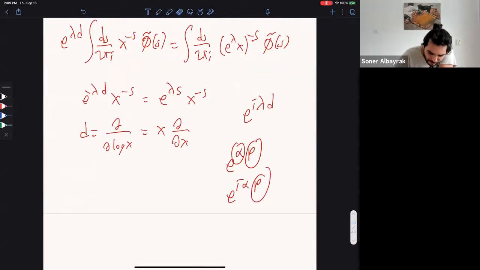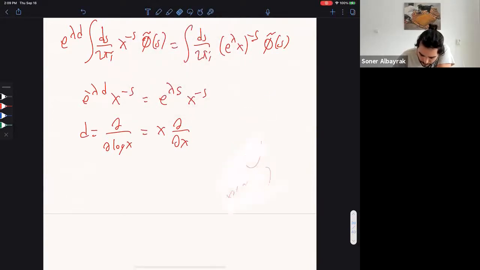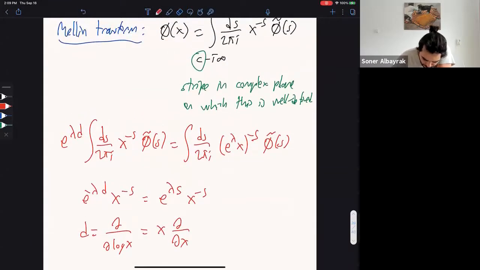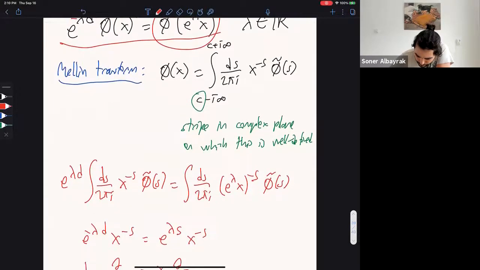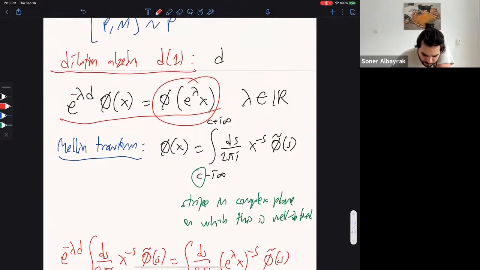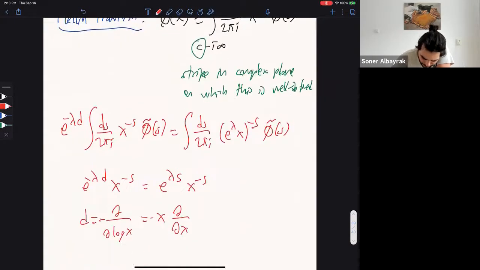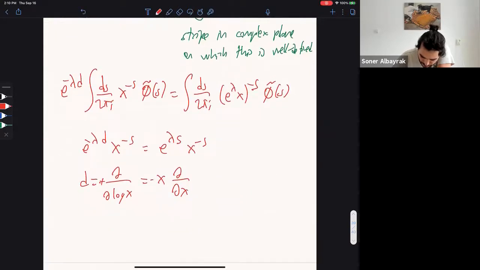So I didn't really care about signs and i's most of the time, but maybe I should. Yeah, but in this case, you're right. There should be a minus sign, which looks a little bit unusual. Maybe I should define it with a minus sign on lambda. Anyway, let me define it with a minus sign for simplicity, so that D is just plus x times del x.